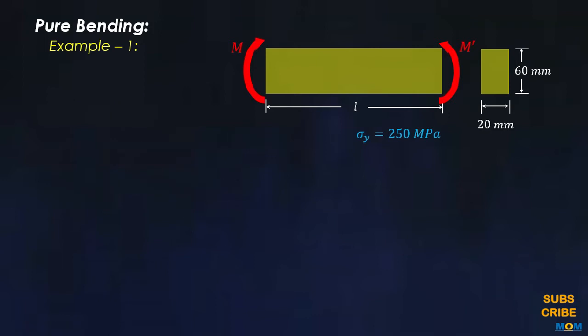Now using these values in the expression M is equal to I upon C sigma max allowable. So I, we have just calculated, that is 0.36 into 10 raised power minus 6 M4, upon the value of C, that is the maximum value from the neutral axis.